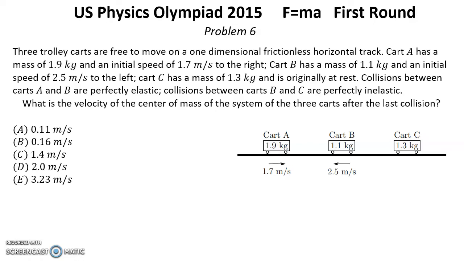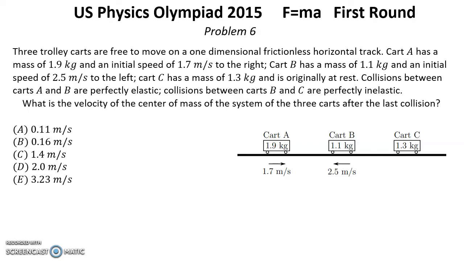Cart C has a mass of 1.3 kilograms and is originally at rest. Collisions between carts A and B are perfectly elastic. Collisions between carts B and C are perfectly inelastic. What is the velocity of the center of mass of the system of the 3 carts after the last collision?